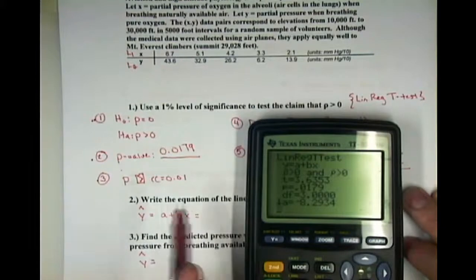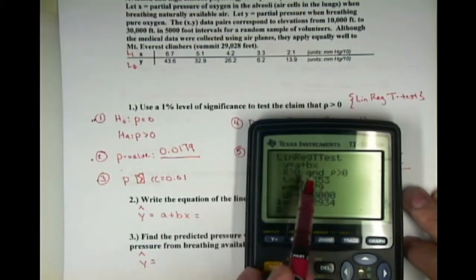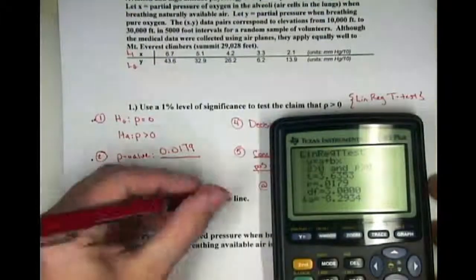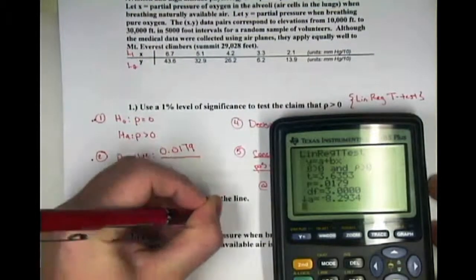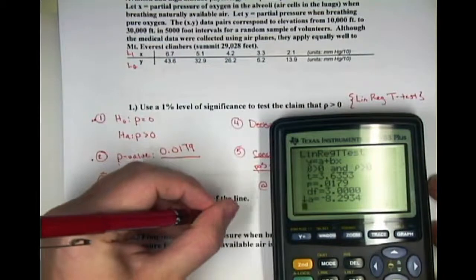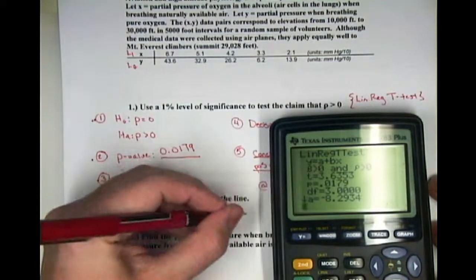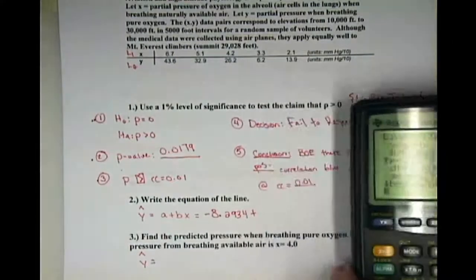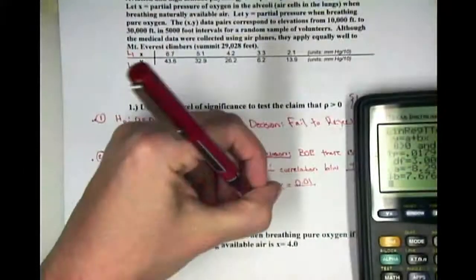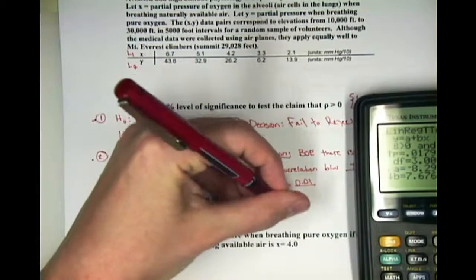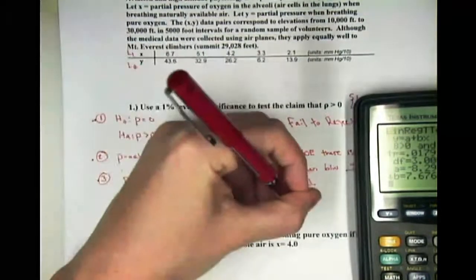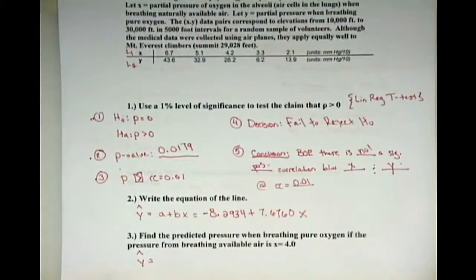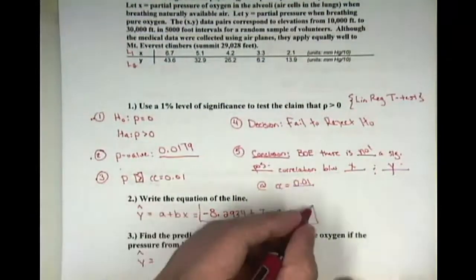But in this course, we use a plus bx, where b is the slope. So I'm going to write down this equation. I'm going to write negative 8.2934 plus the b, so I'm going to scroll down, find that b. There it is, it's 7.6760 times x. I'm going to put my calculator away to the side. Now I have my equation of the line, it's right there.